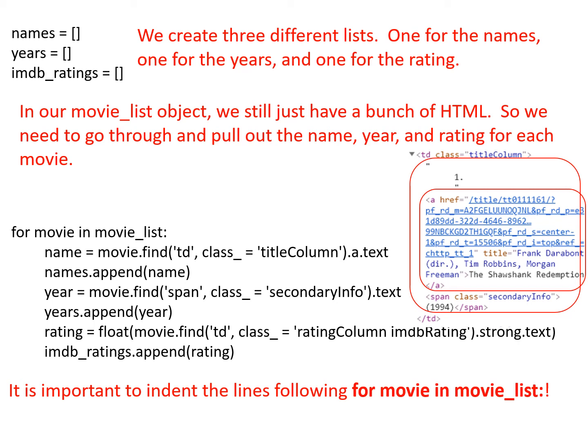So if you don't indent the lines, and just that second line, name equals movie.find, you just have that over to the left, as far left as you can, it's going to think there's nothing inside that loop. So it's going to look for indented lines coming after the line for movie equals movie list. Those that are indented, it knows are part of that loop. Okay, so be sure and do that.